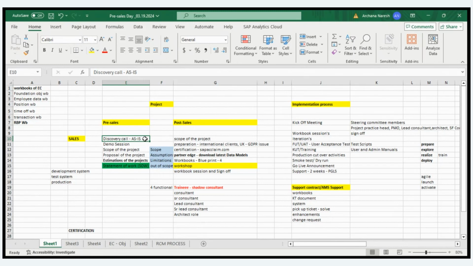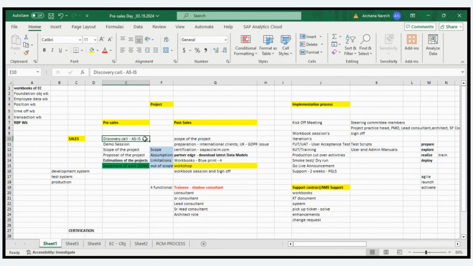So with that, you are getting a scope of that work, how difficult or how easy that customer is, or how focused that customer is. So you will get all of this kind of information, and you will understand their as-is process. And they'll say that, okay, we now only want to implement recruitment, onboarding, and Employee Central.